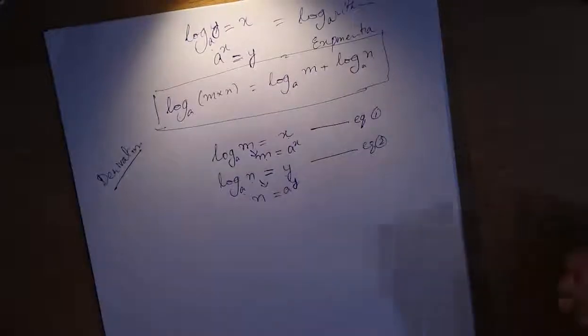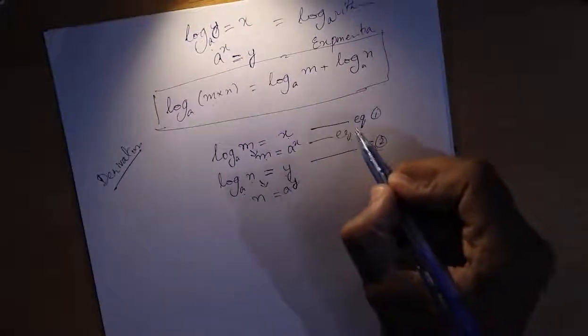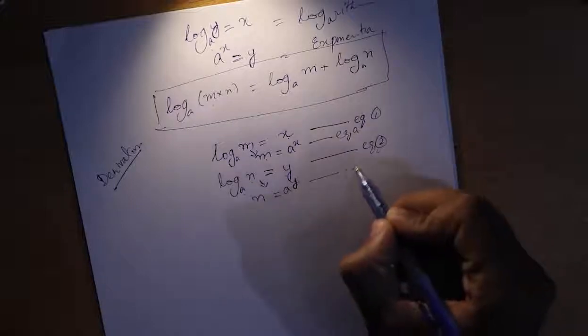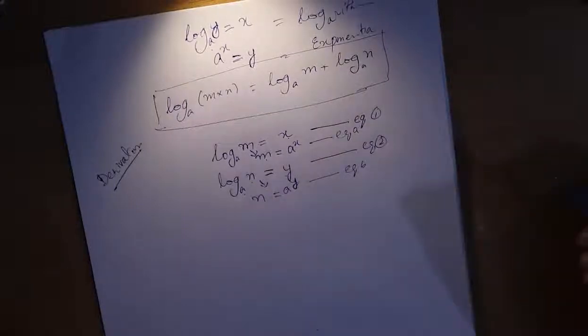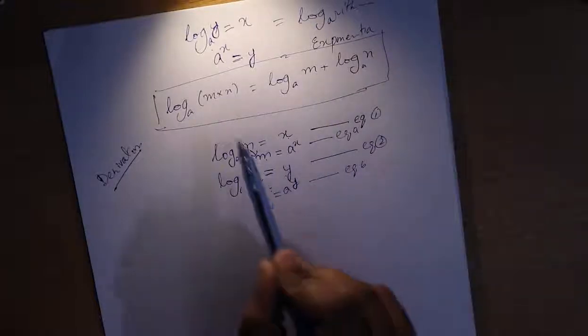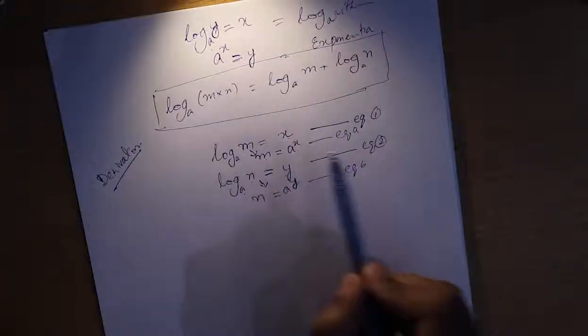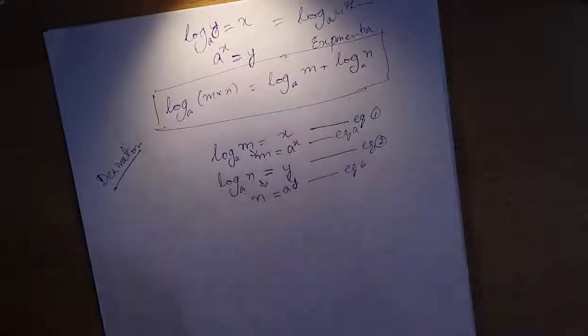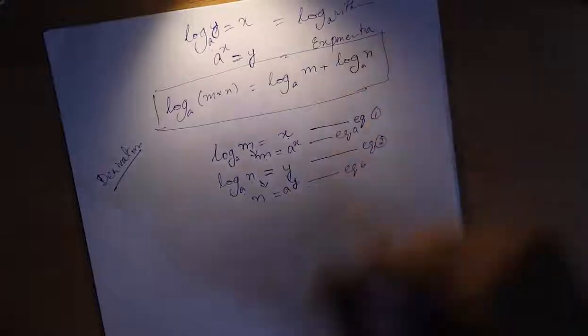So we have got these two equations. We will label this as equation A and this as equation B. Now we want to derive this formula. You can clearly see that this formula is the log of a product. So the log of a product can be derived by simply multiplying equation A and equation B.